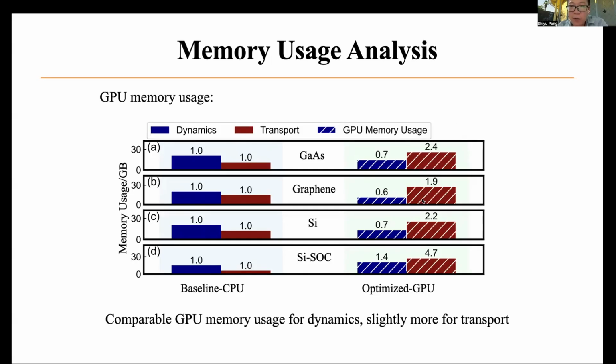The reason is that for transport, we have an additional loop, which is for the directions of the external field for the linear response theory. For CPU, we just do the iterations over each direction. However, for GPU, we store all the data for different directions in the memory to get better performance.